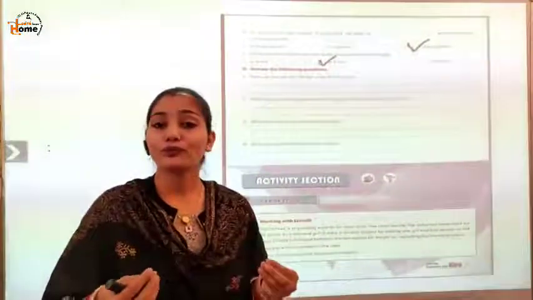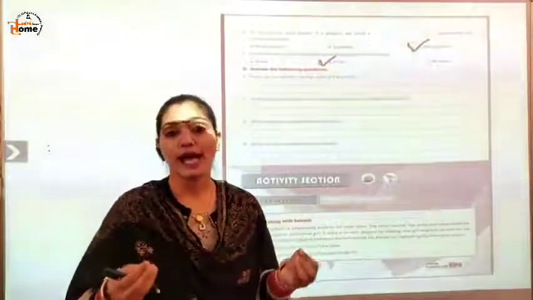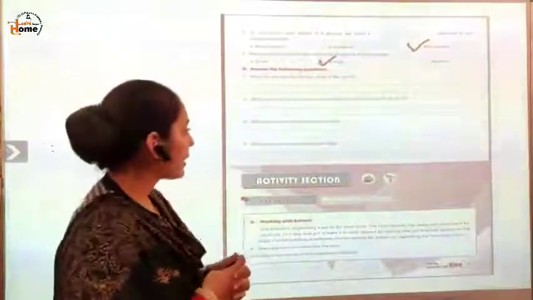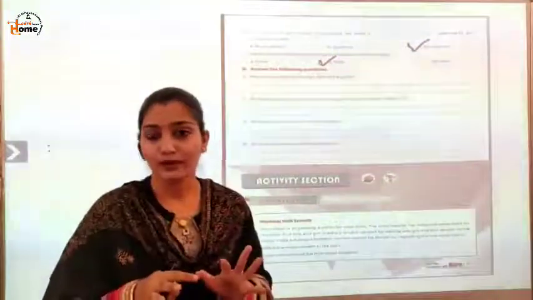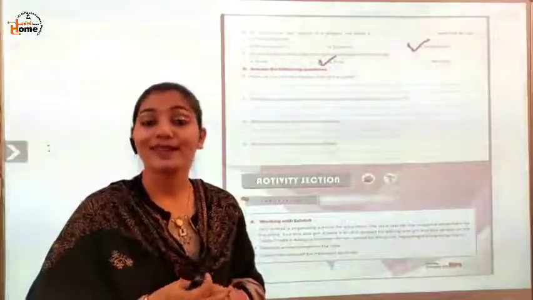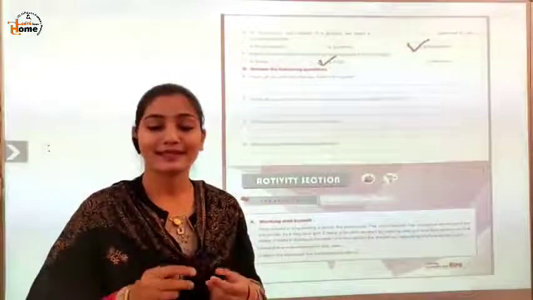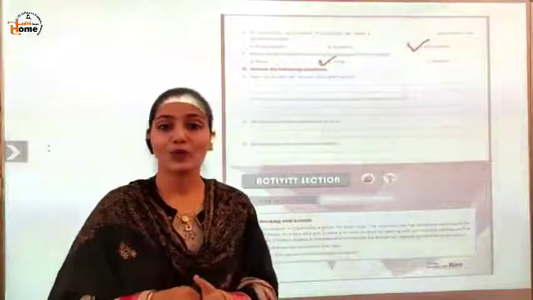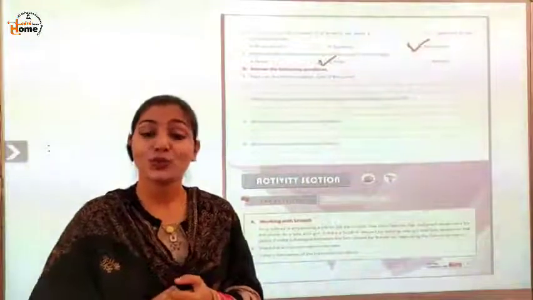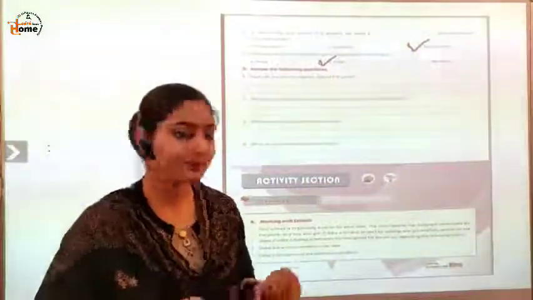So what is that picture known as in Scratch 2.0? We are using Scratch 2.0, right? It is known as backdrop. And in Scratch 1.4, what is that known as? That picture is known as background.